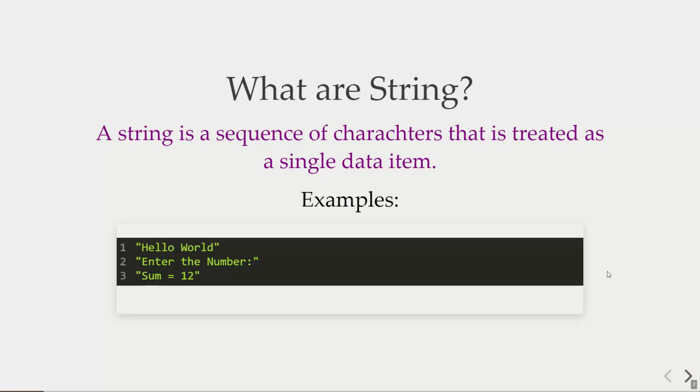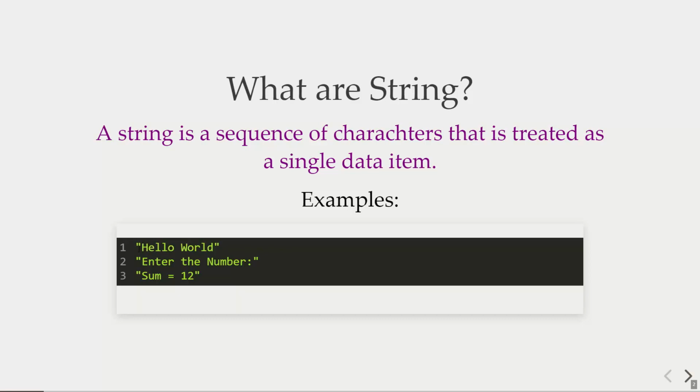So, what are strings? A string is a sequence of characters that is treated as a single data item. Basically, I have given here a few examples of how we have already used them. In fact, the first thing that we did while doing the C programming examples is to use the printf command, and when we did printf, inside that we wrote something like this.